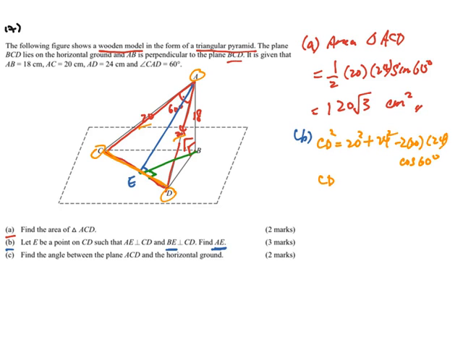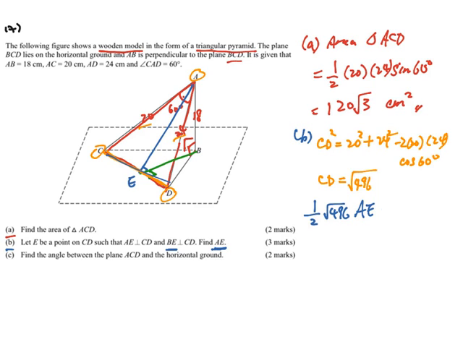So we get 496. After we find CD, we can use two ways of writing the area of the triangle to find the length of AE. For the triangle, we have the equation: 1 over 2 times base times AE is the area of the triangle, base times height by 2.